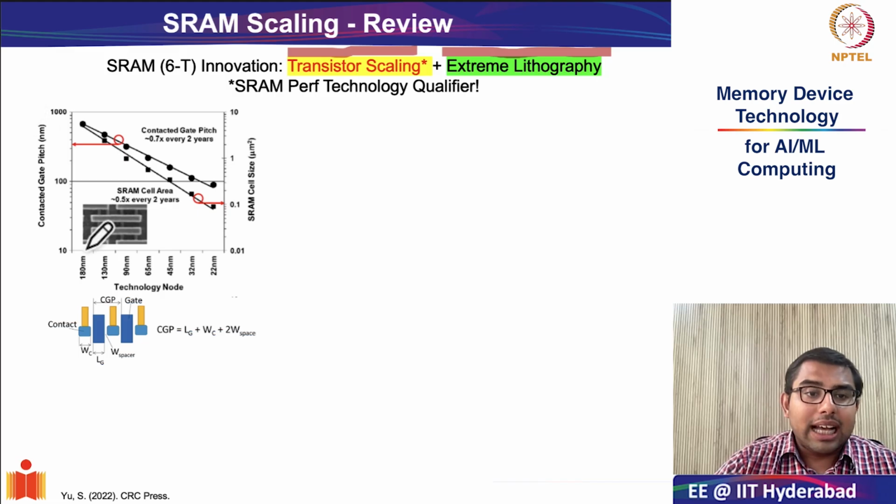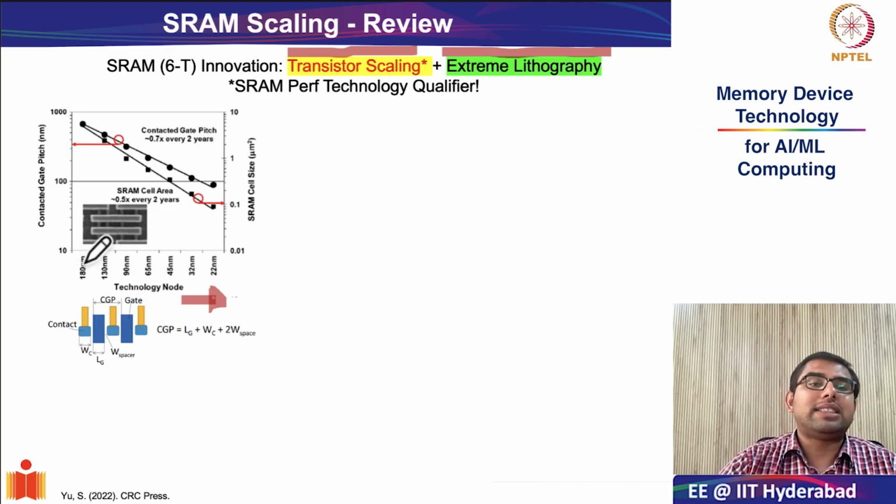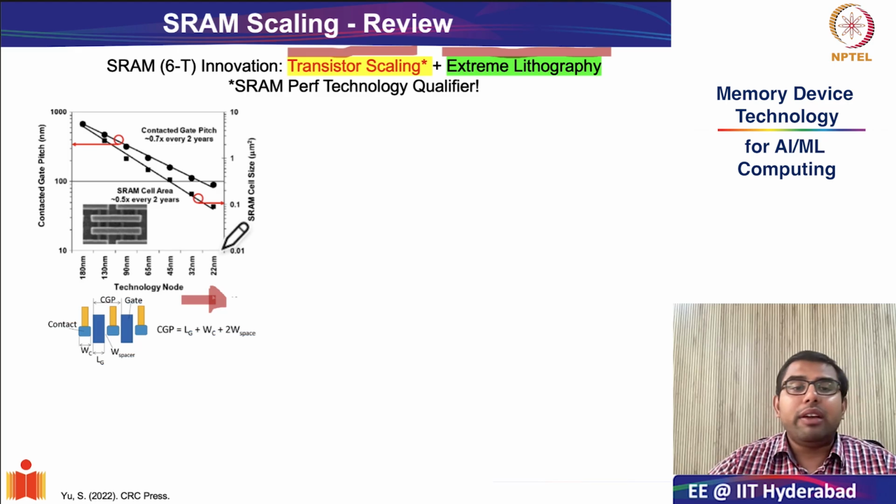As you know, as you advance the technology nodes, the individual transistor length or the channel length starts shrinking from 180 nanometers to 90 and so on and so forth, to currently we are even in the era of sub 10 nanometer technology node.